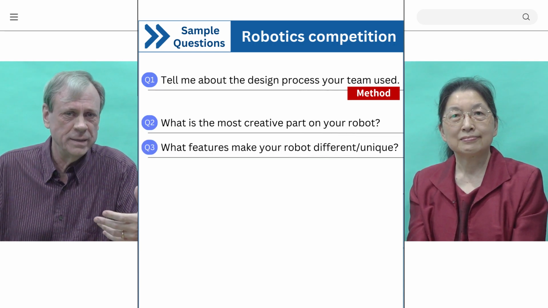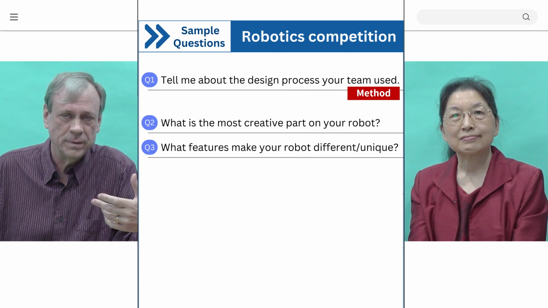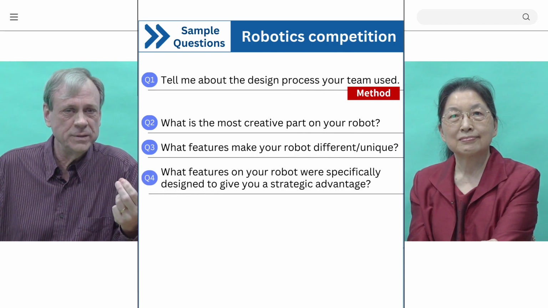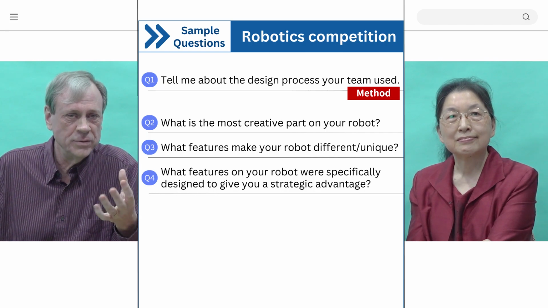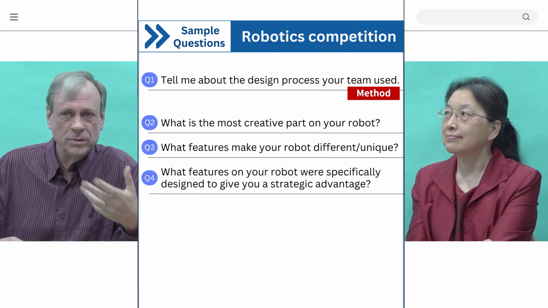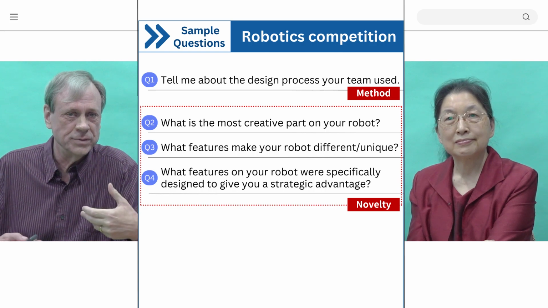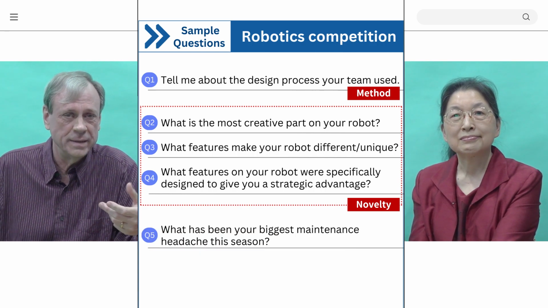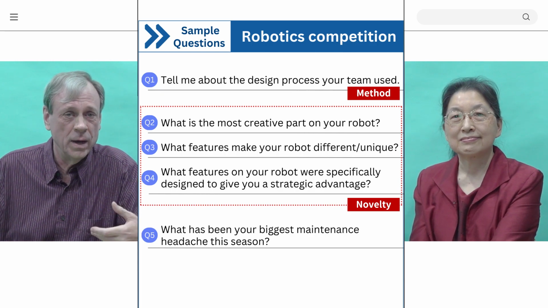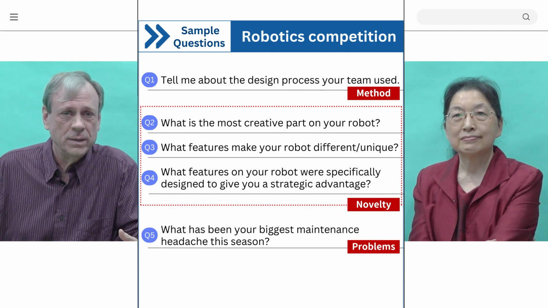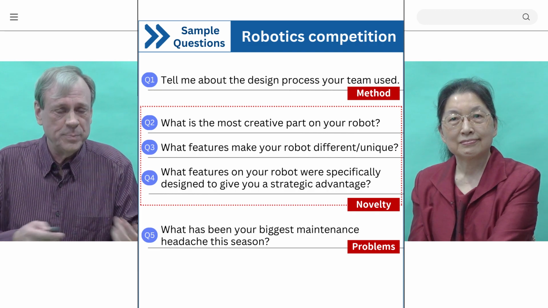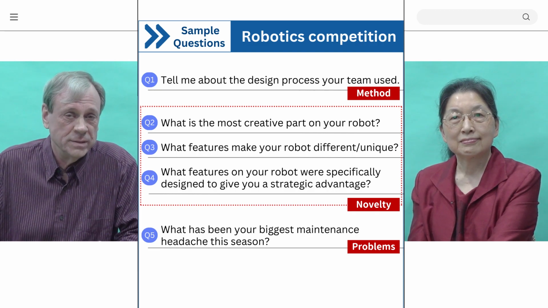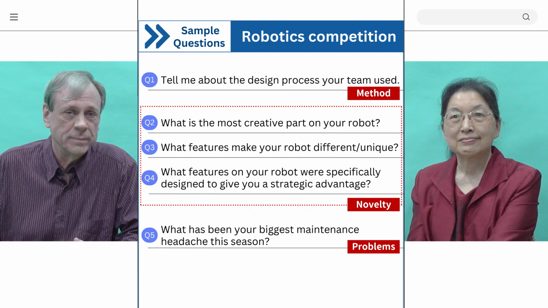What features make it unique or different? What features were specifically designed to give you a strategic advantage? Those are all things about the novelty of your design. And then, what was your biggest maintenance headache in dealing with your robot? Problems that you encountered. So the types of questions depend, obviously, on the type of work that you're doing.